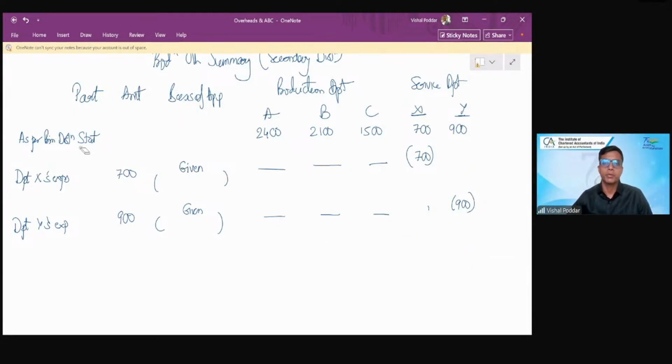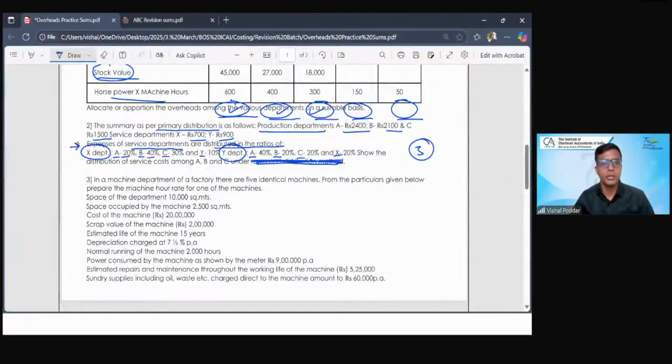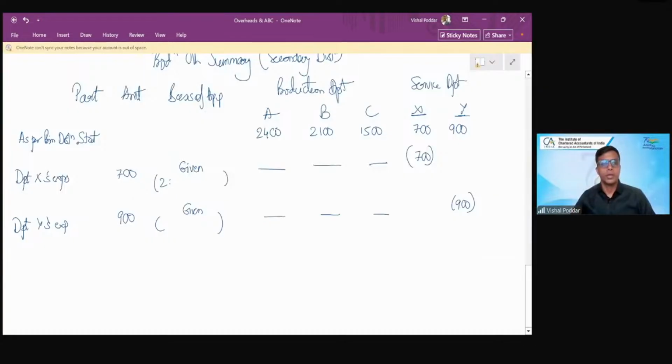But this is of reciprocal approach, and they have asked in the question to solve it by repeated. I will solve it by repeated and again by simultaneous, just so that both approaches are revised. Now, what are the ratios given? 20, 40, 30, 10. So I'm reducing it.